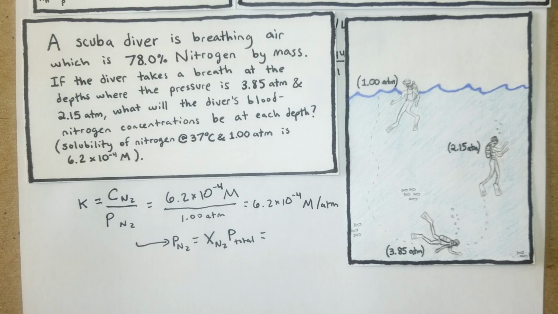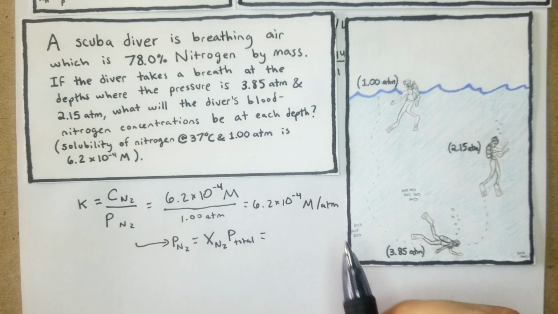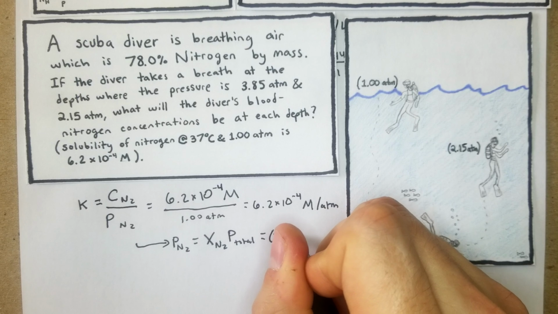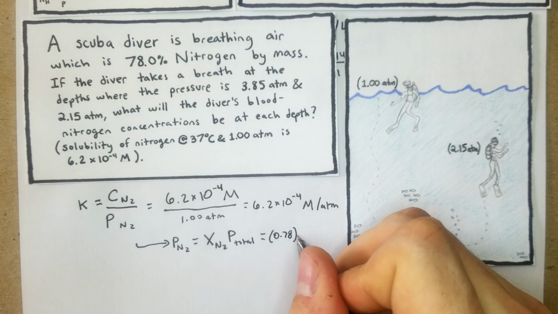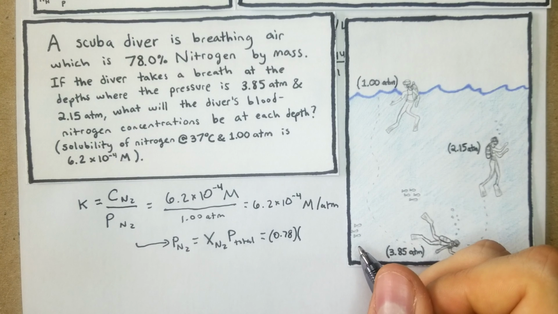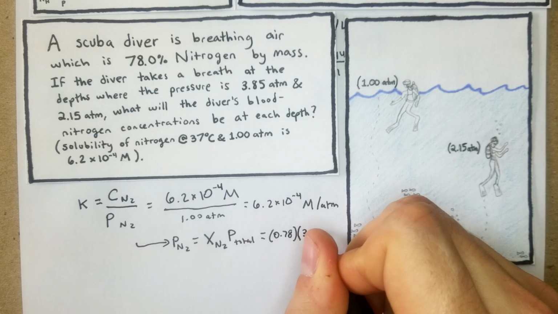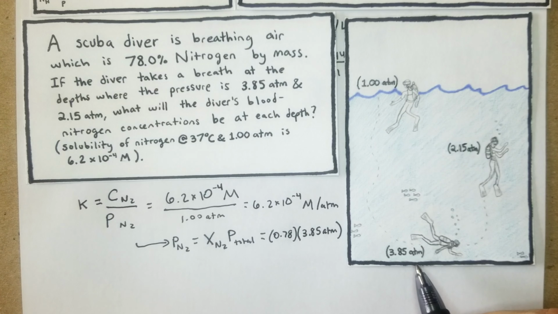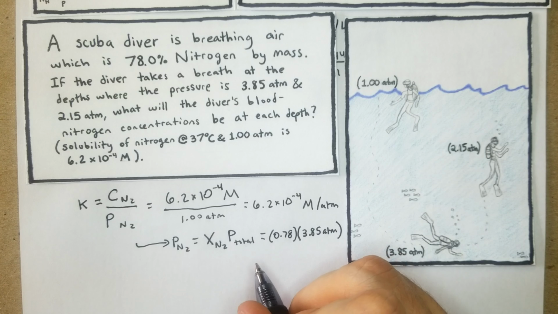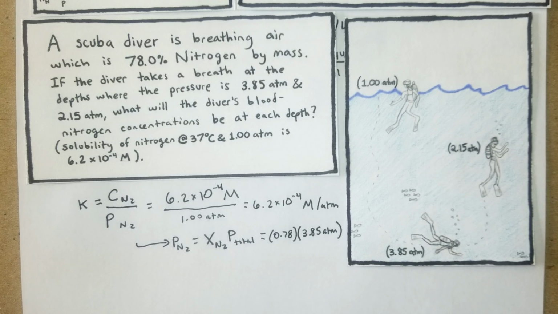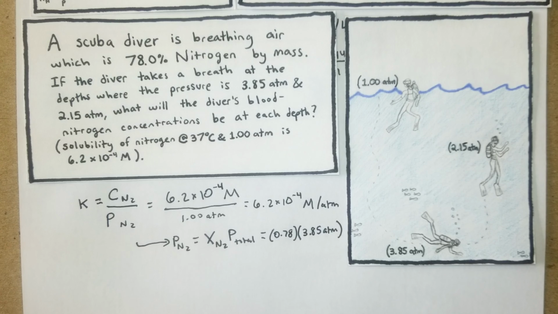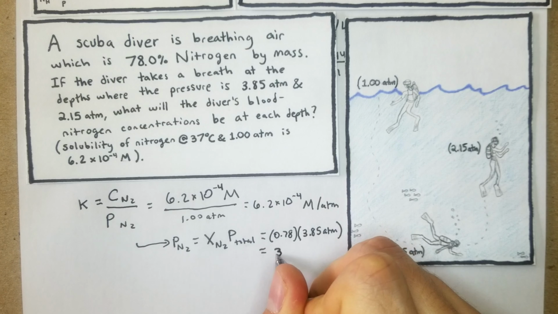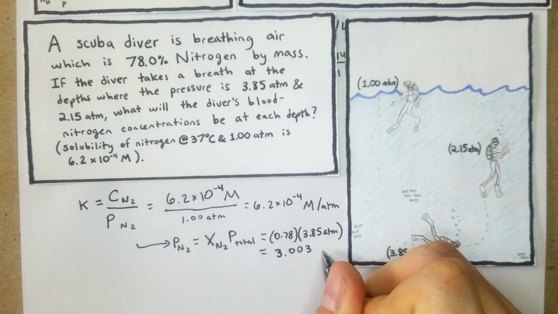So we have the percentage, which we put into a decimal, 0.78 for 78%, and then we're going to do that of 3.85 ATM, because that's what we have down here. And now what we get as a result is 3.003 ATM.